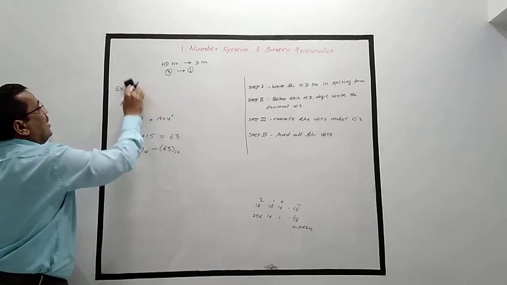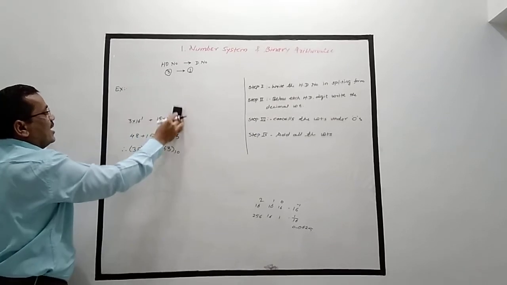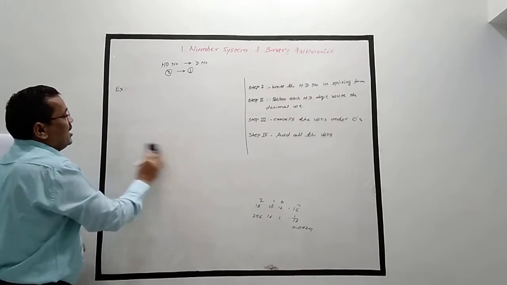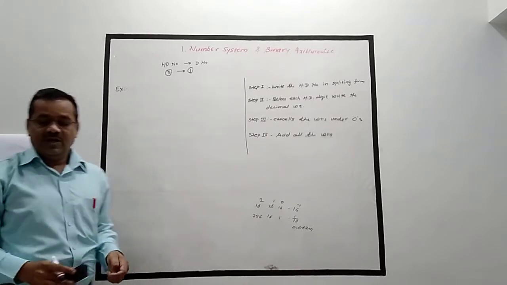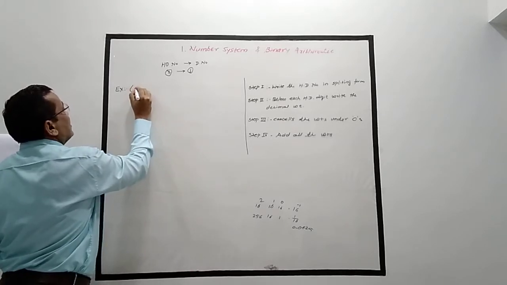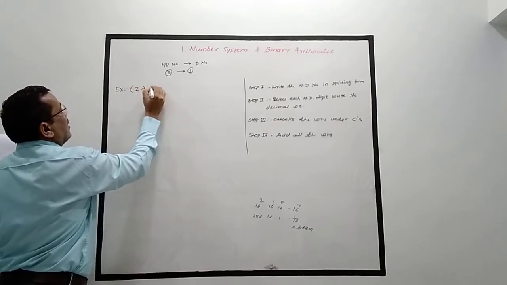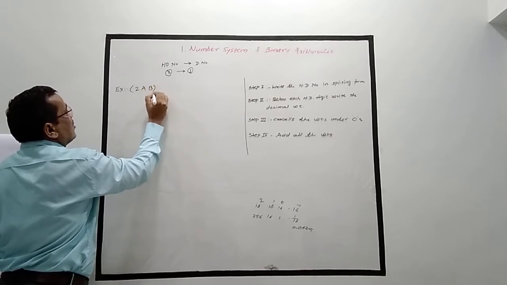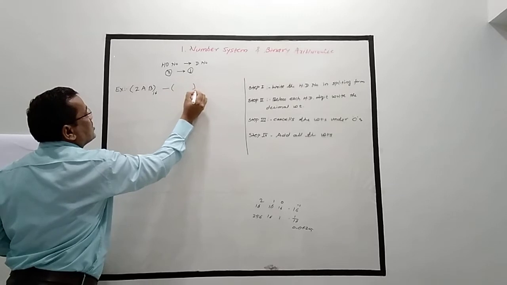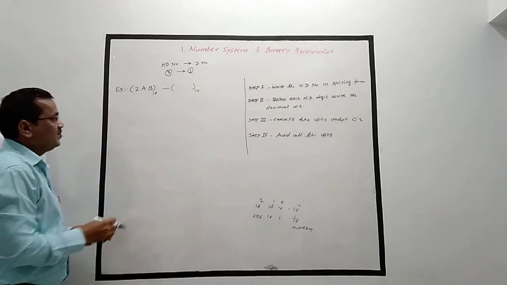For better understanding, we can take another example of HD number into decimal number. Suppose 2AB. This is one of the hexadecimal numbers which is to be converted into its decimal equivalent.